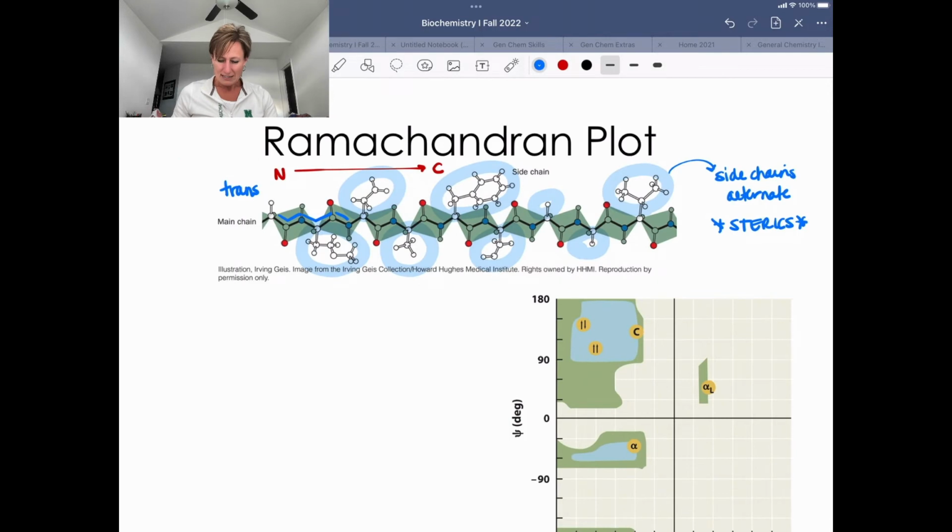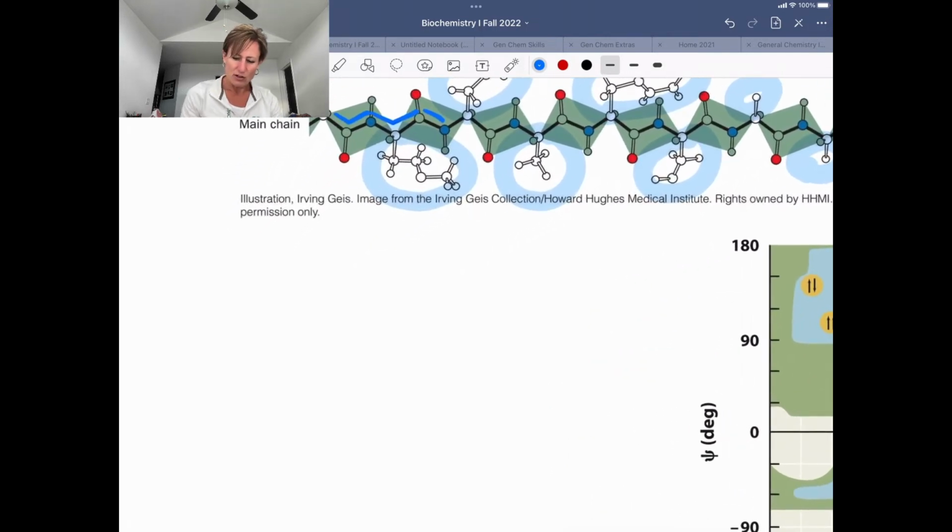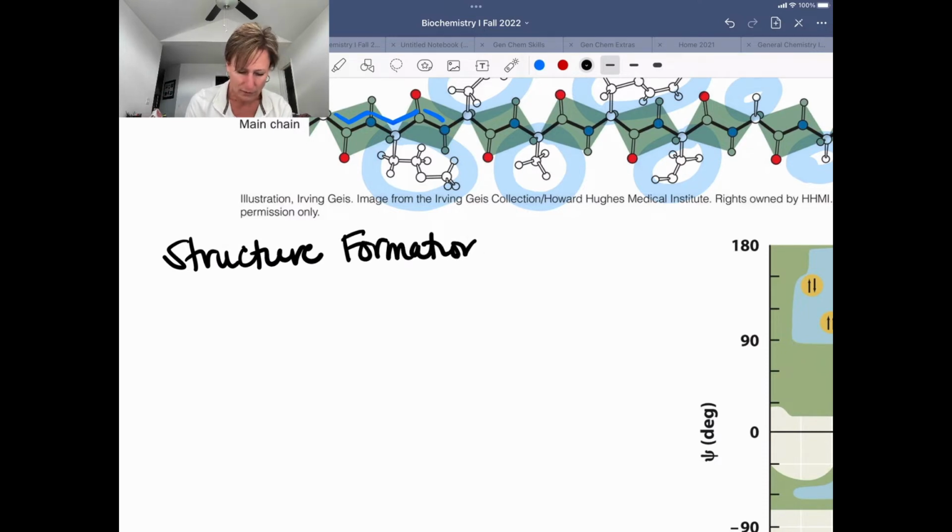Okay, so let's think about what it means to have structure formation. We're going to get to this picture that's over on the right in a minute, which is the Ramachandran plot. But let's just fundamentally talk about what it means to have structure formation. So structure formation basically takes into account two things. It takes into account sterics, and sterics are important because we want to avoid things banging into one another.